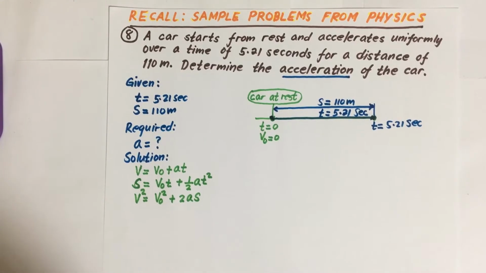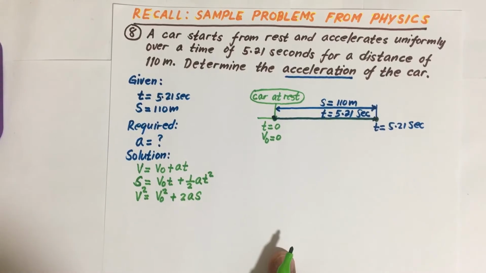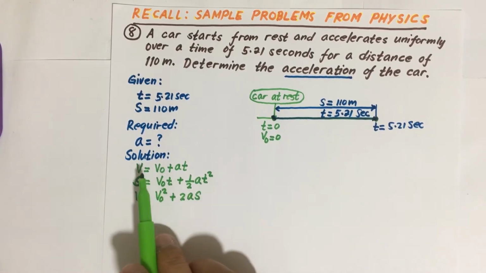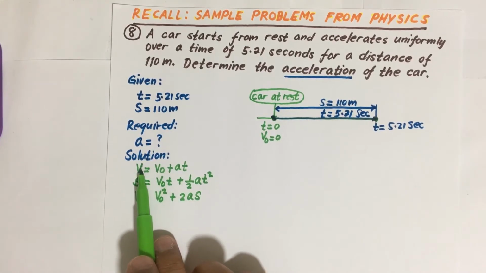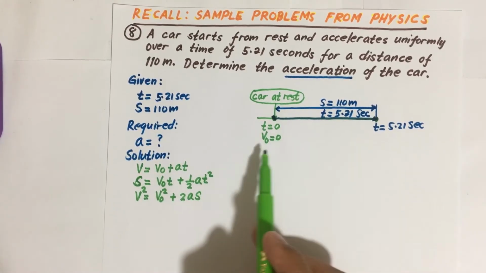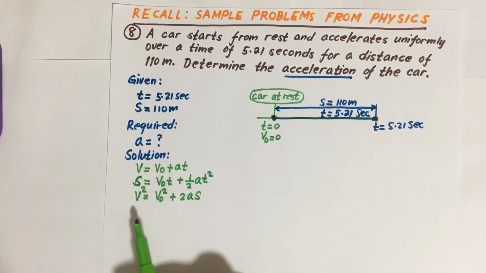Okay, so which do you think among these formulas that we will use? If you use formula number 1, take note that we need to solve for a, right? We don't have the final velocity. The initial velocity using this illustration is equal to 0, but still we don't have v, so we cannot use this one.